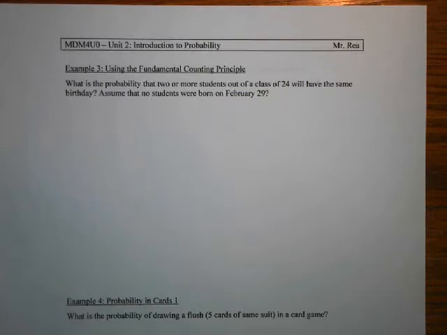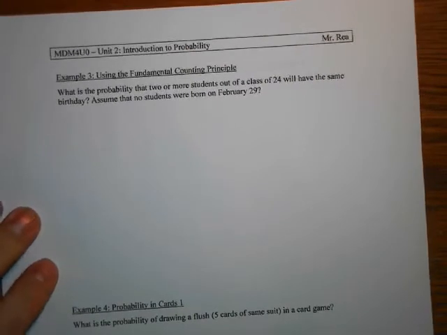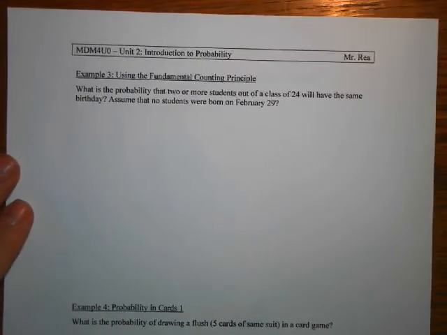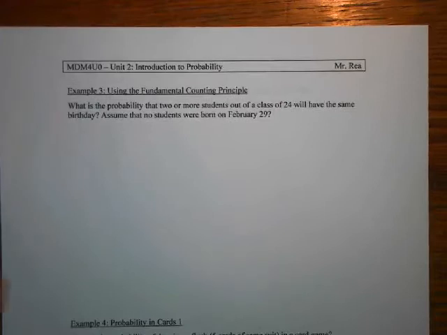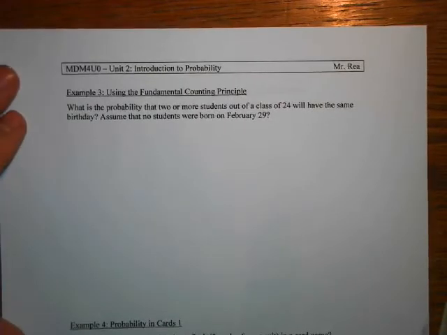There's 365 possible birthdays, and we've only got 24 people here. So it seems unlikely that they share a birthday. So the results will be surprising, as a little hint to what we're going to get here.